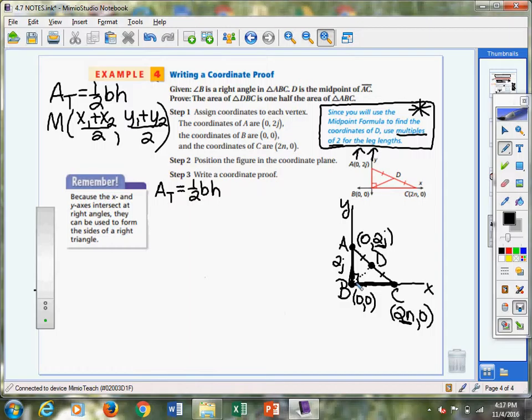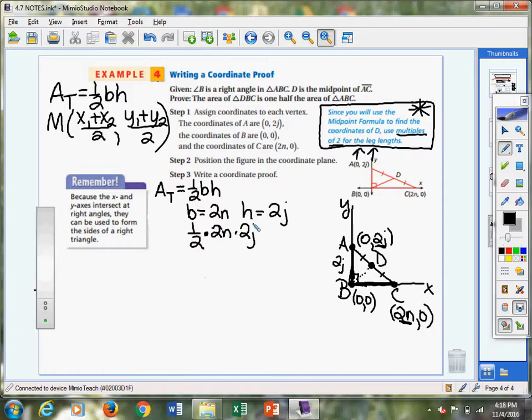The height is going from 0 on up to 2j, so the height is 2j. So when you put this into your formula, you'll have 1/2 times 2n times 2j.